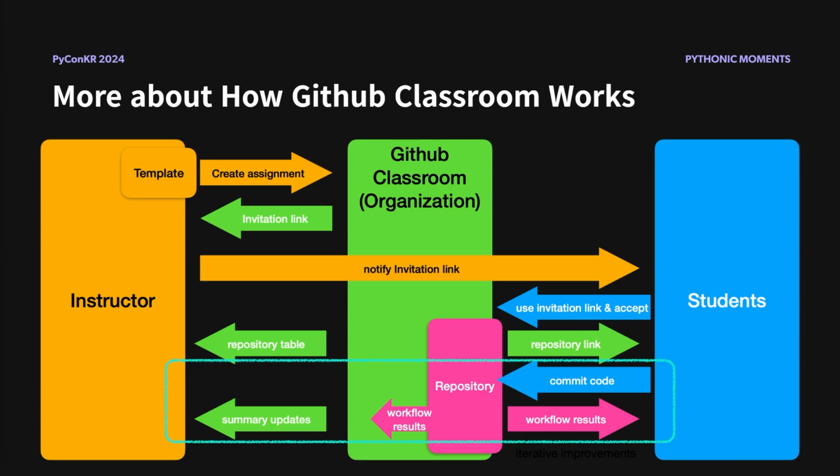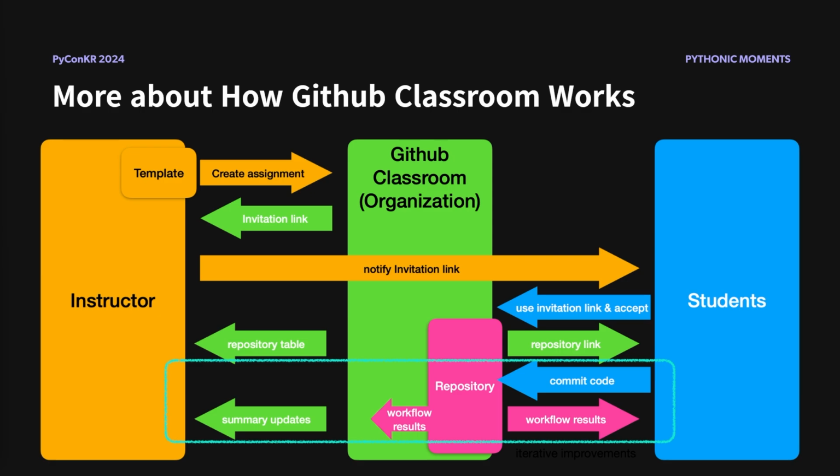This diagram shows how GitHub Classroom works. First, the instructor creates a template, and then using this, the instructor creates an assignment at GitHub Classroom. Before that, for each section of the class, the instructor is supposed to make an organization for each section. When the assignment is created, GitHub Classroom will give the instructor an invitation link.